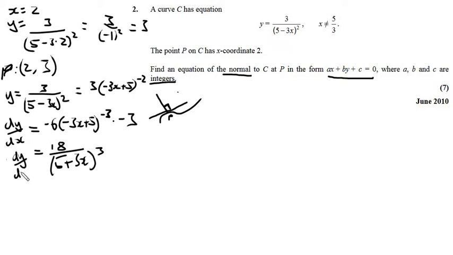So to find the gradient at the point P, all we need to do is just plug in x equals 2 into the derivative here, and that will give us 18 all over 5. Oh, this isn't a plus, this is a minus.